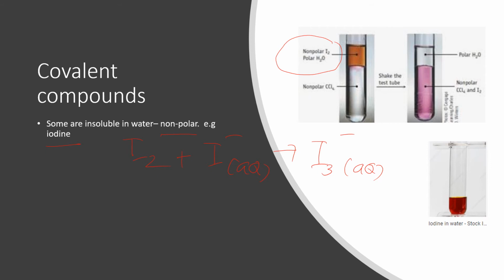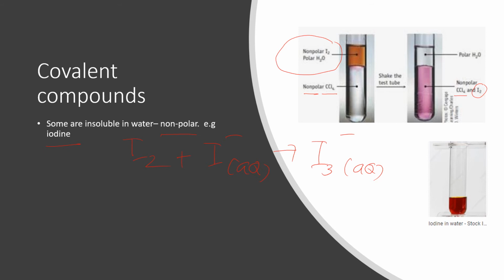When we mix with CCl4, which is colorless, CCl4 is nonpolar. When we mix these two immiscible liquids, after some time the I2 will dissolve in CCl4, because I2 is nonpolar and CCl4 is also nonpolar.